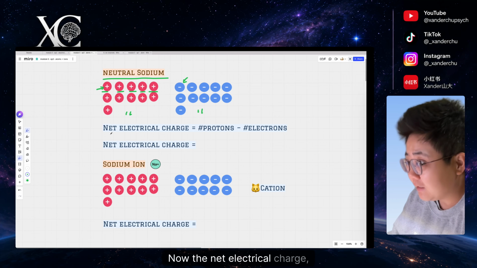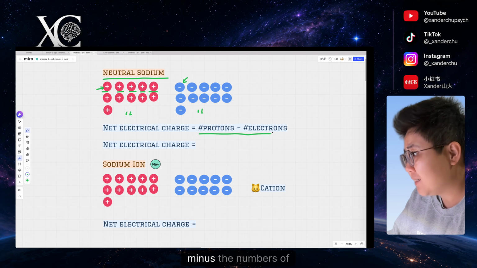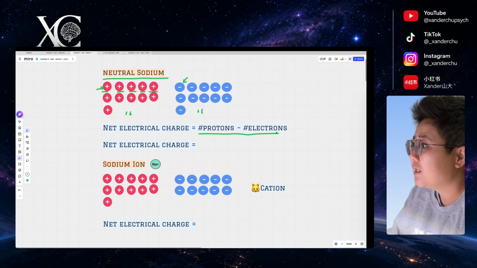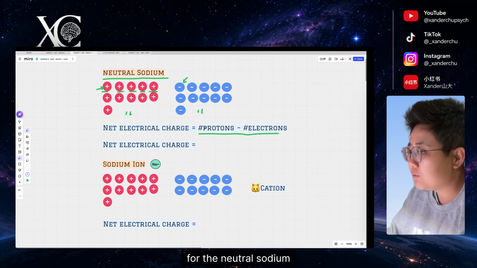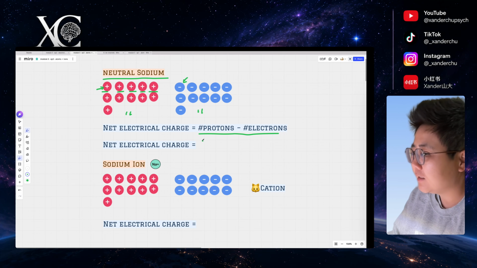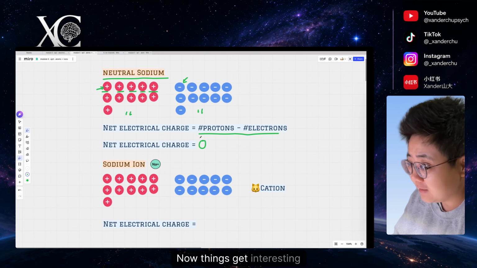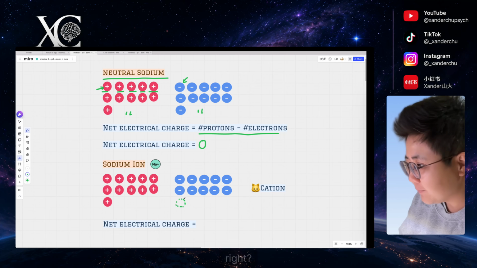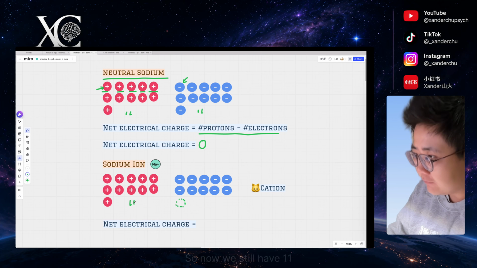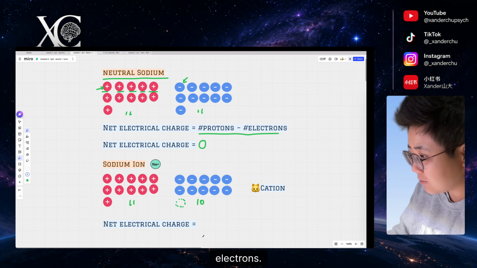Now the net electrical charge, very simple, is the number of protons minus the number of electrons. So currently, for the neutral sodium, we have a net electrical charge of 0. Now, things get interesting when, if you notice here, something is missing, right? So now we still have 11 protons, but we only have 10 electrons.